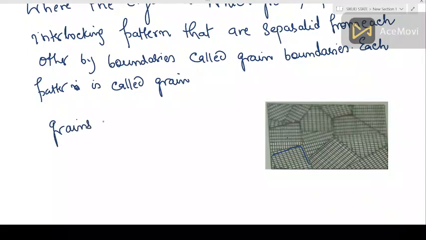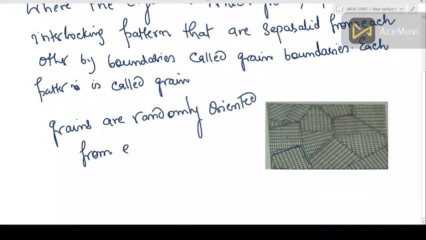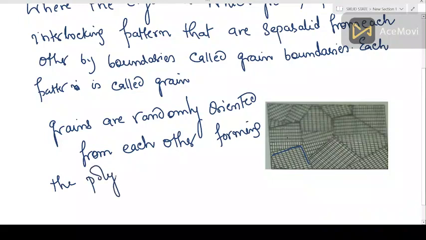Grains are randomly oriented from each other, forming the polycrystalline material.